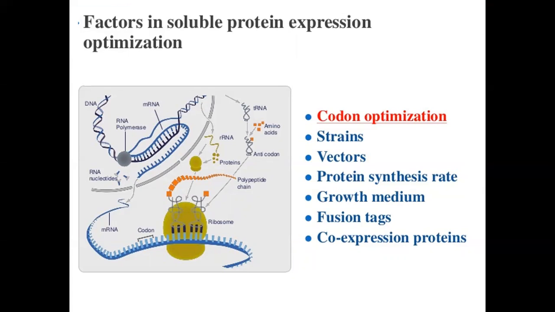Some of these famous tags are GST, glutathione S-transferase, MBP, the maltose binding protein, NusA, or N utilization substance, or TRX, thioredoxin tag, or the polyhistidine tag, used for nickel column chromatography.